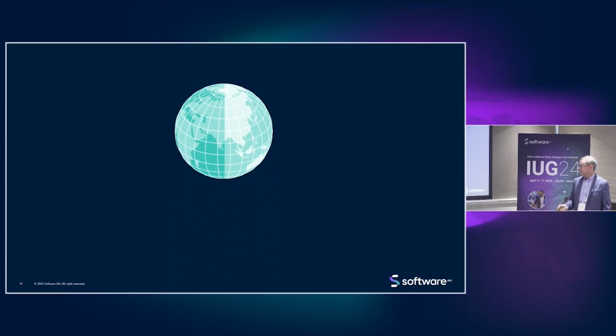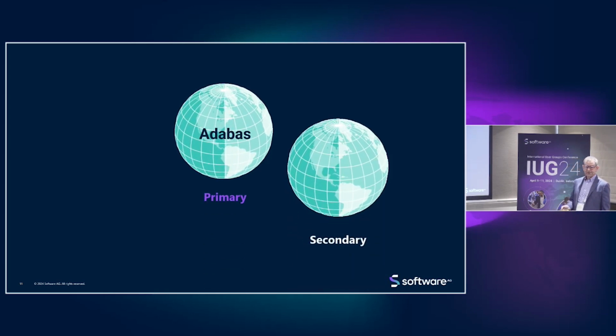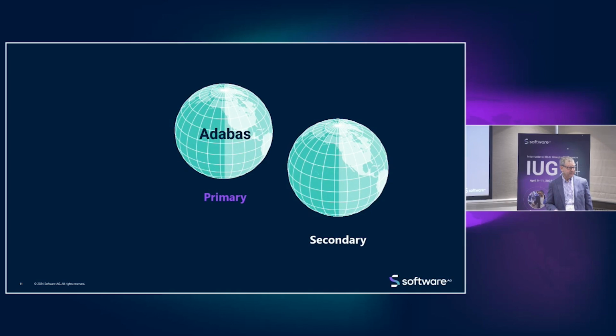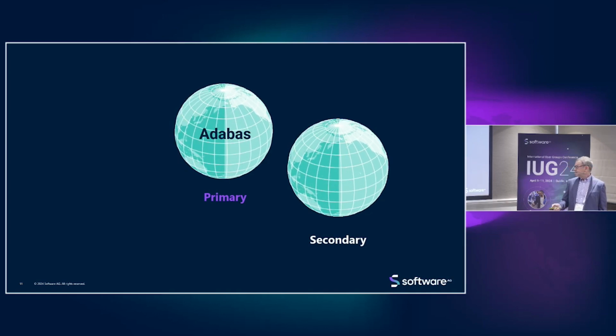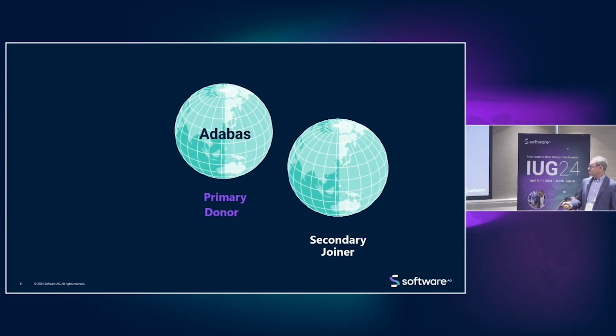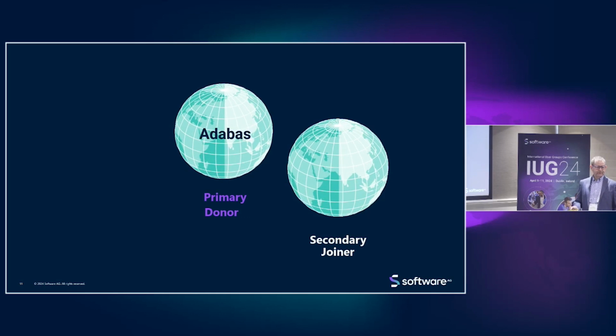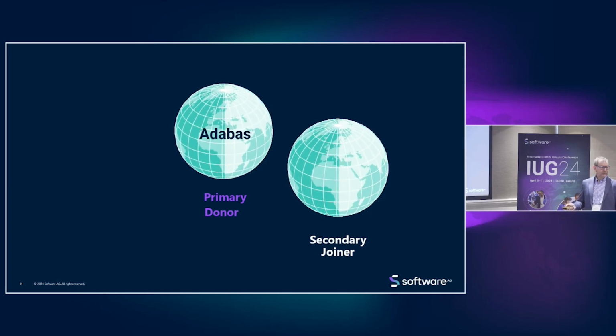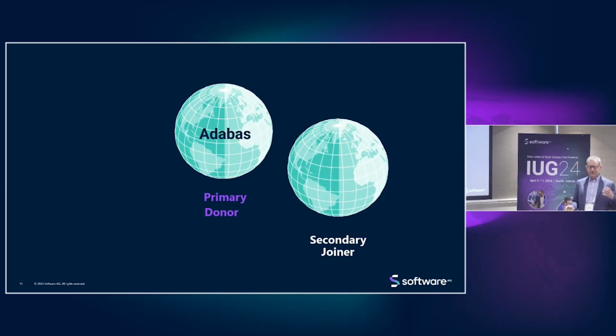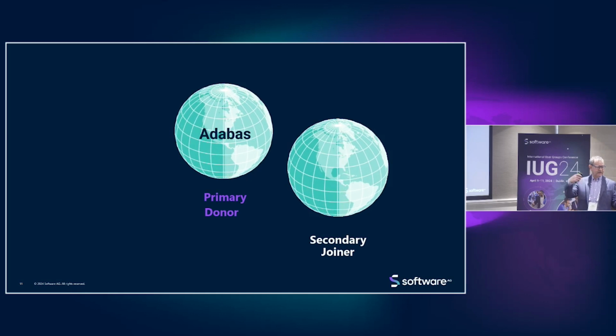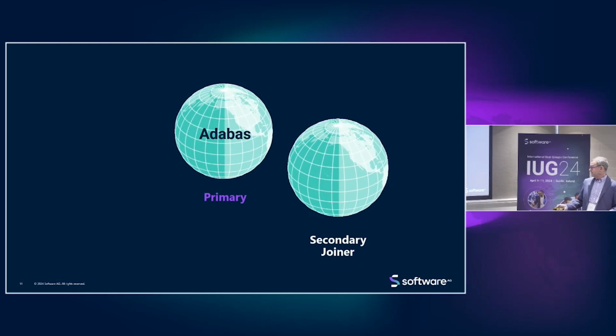Now let's see it in action. Because we're using our imagination, we can envisage not only one single planet in our universe that would be our primary, but we have a secondary as well. So what happens when the primary comes up first, and the first secondary comes up as a joiner? The primary becomes the donor, and the secondary is the joiner.